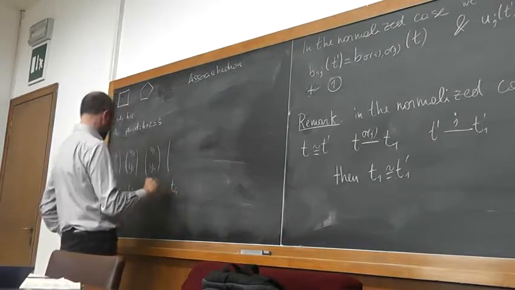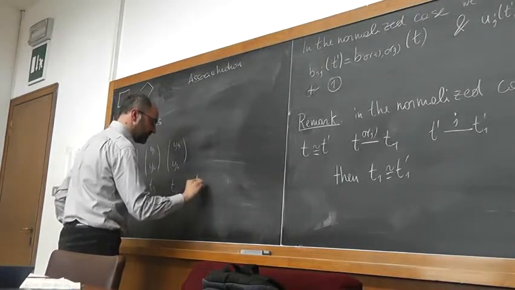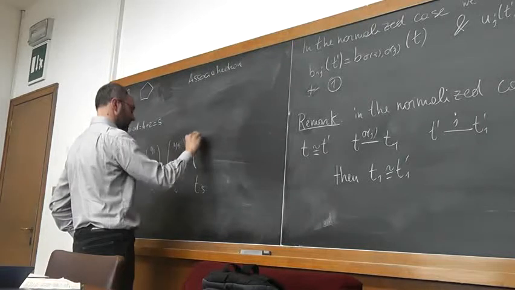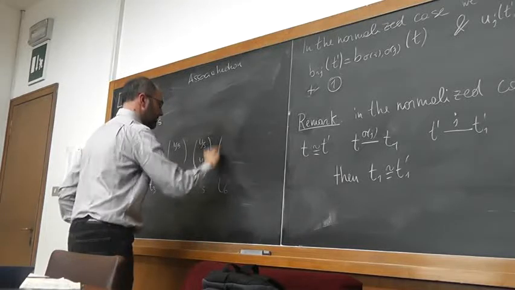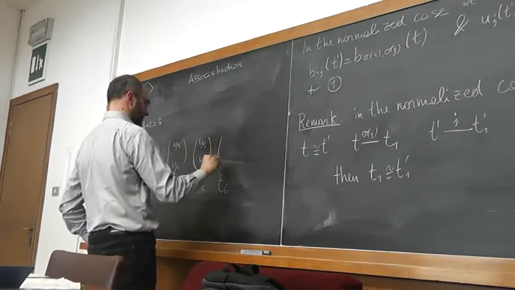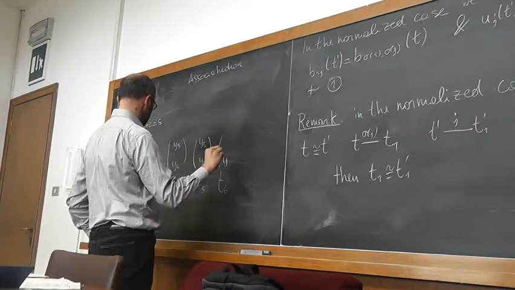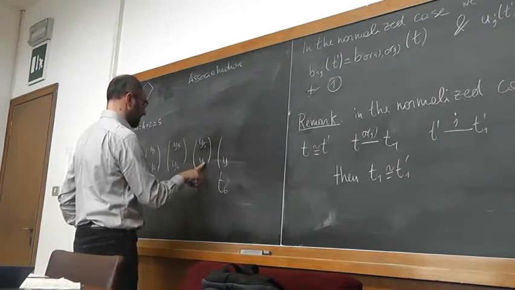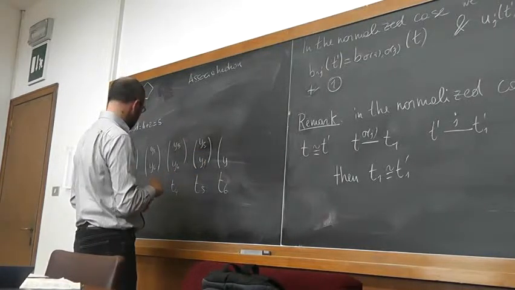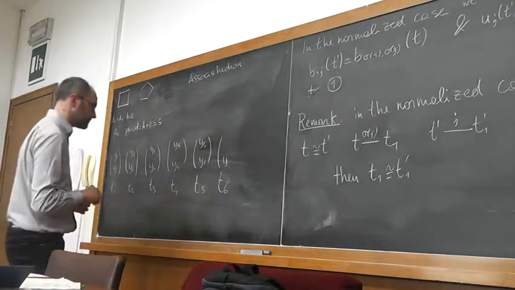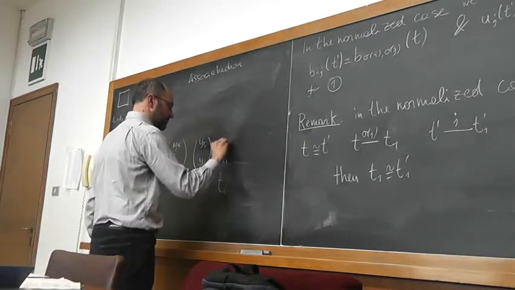At t4 we have y4 and y5. At t5 we have y5, y6. And finally at t6 we have y6 and y1, since y6 is y1. And so t6 is y1.